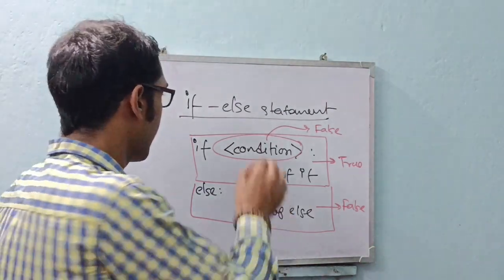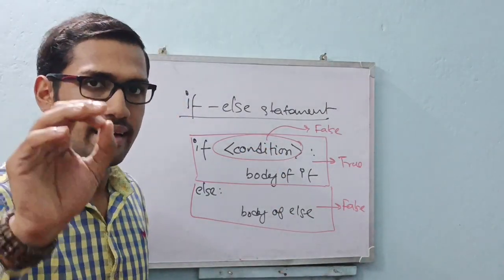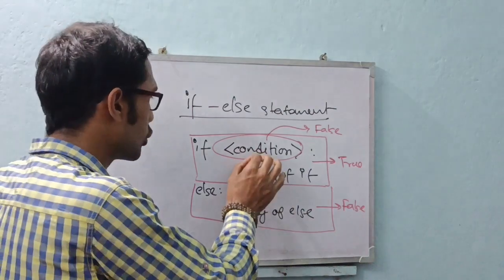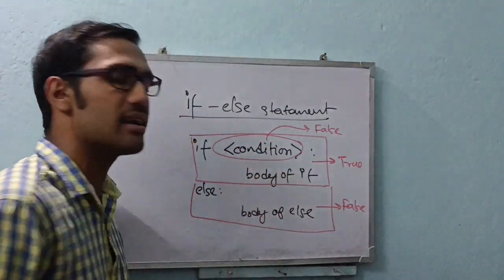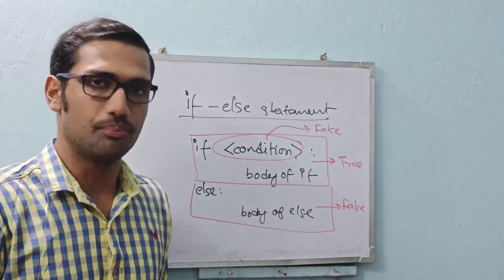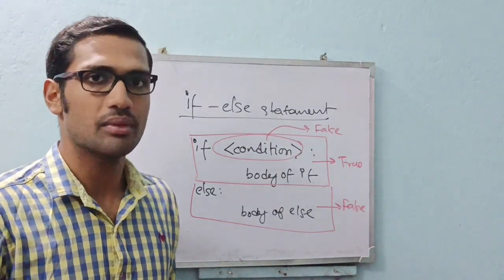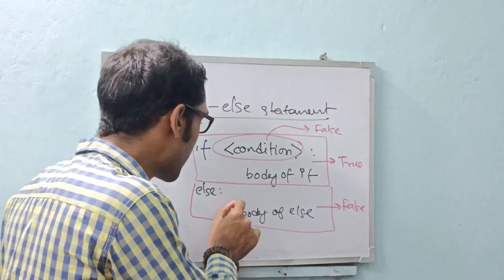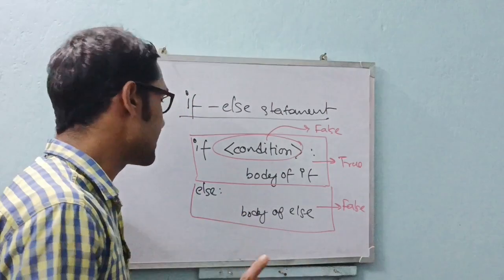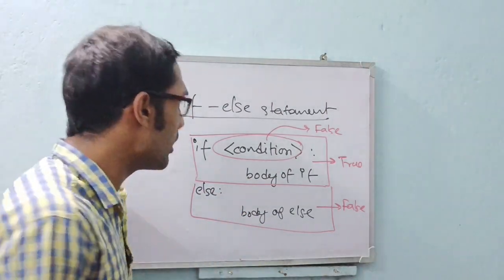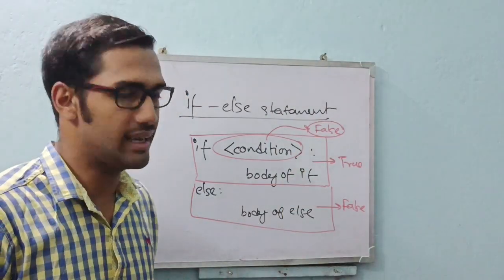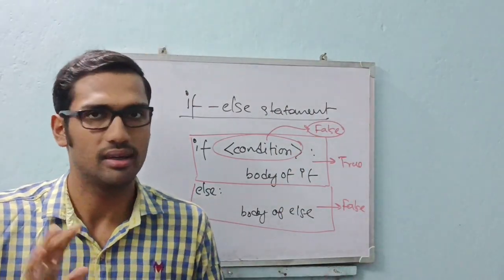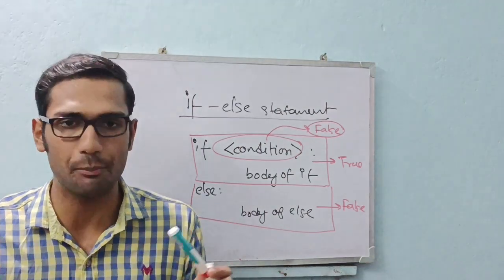Now if the condition gets evaluated to true, the body of if will get executed and this else part will be ignored. And this particular body of else will get executed if and only if the condition gets evaluated to false. And that's all. The theoretical portion is complete.